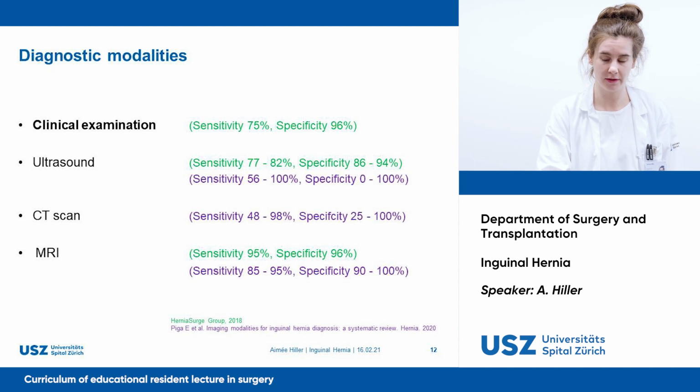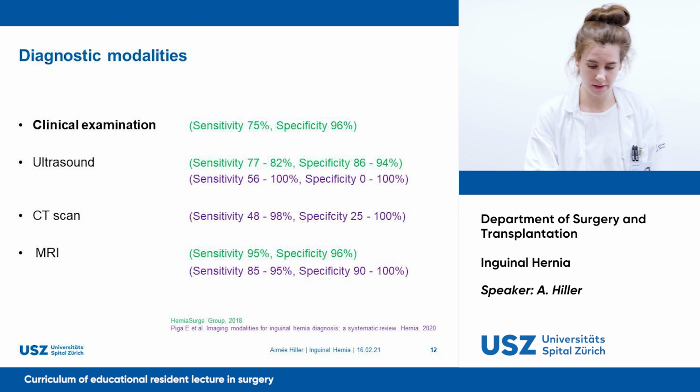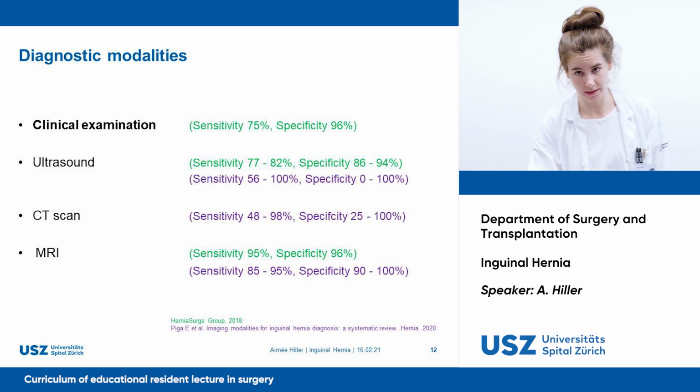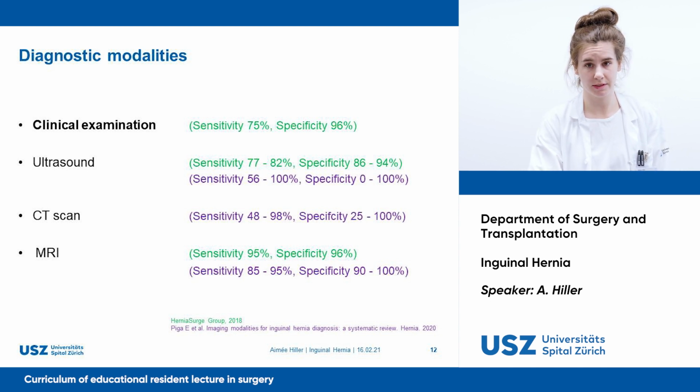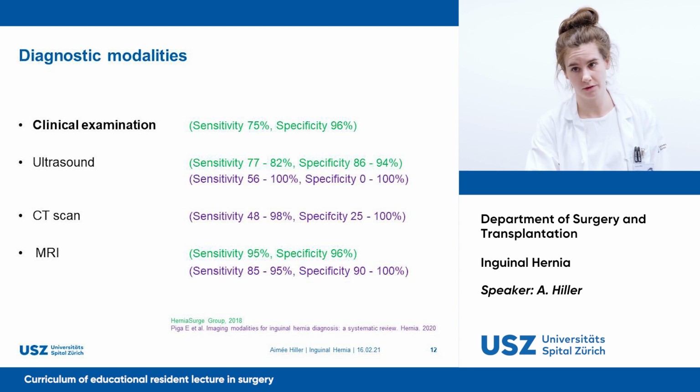Ultrasound also has a very high sensitivity, but it also has a very high inter-observer variability. So we rather use the CT scan, because with the CT scan we can also do the pressure maneuver, and then we see very small hernias. MRI we would only use for young patients to spare them from the X-ray.